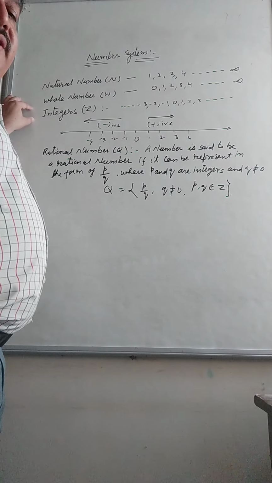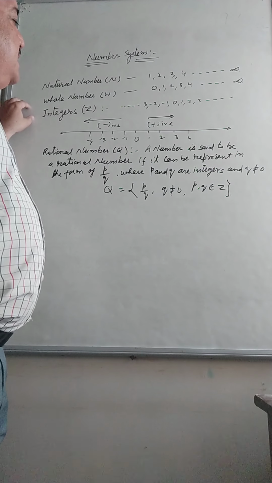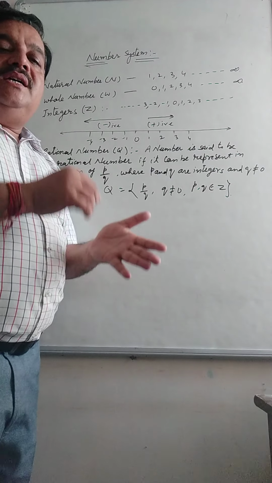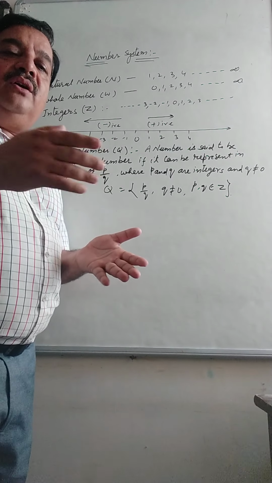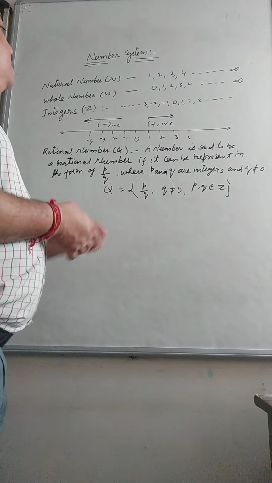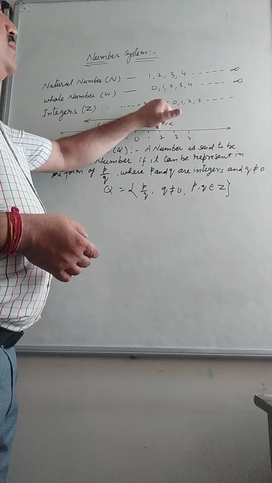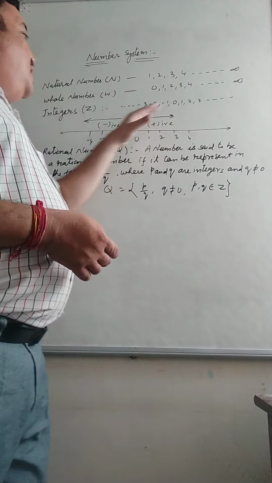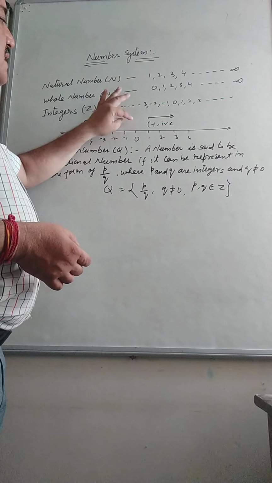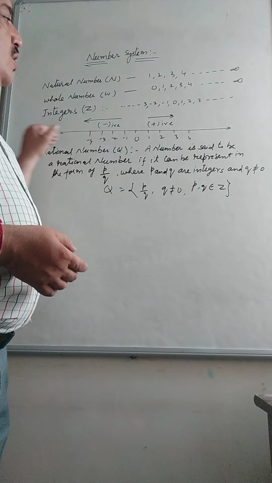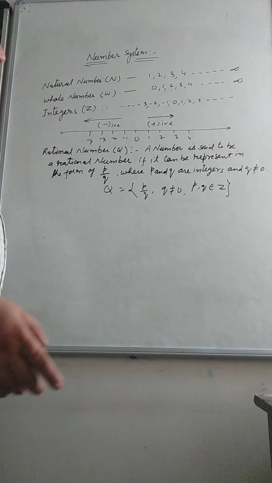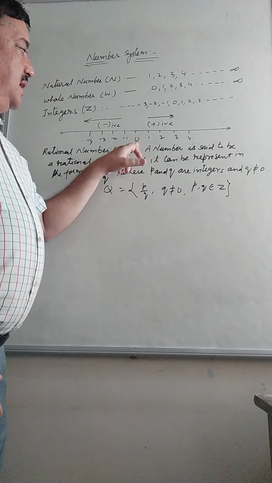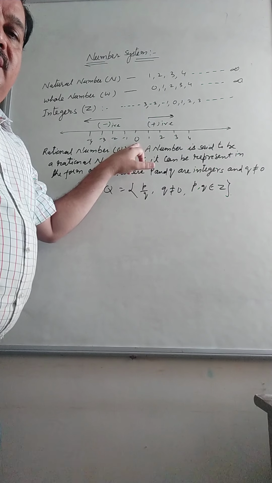Then come integers. These integers are also called directed numbers because they have a sign of negative or positive with them. So minus 3, minus 2, minus 1, 0, 1, 2, 3 up to infinity. Whenever we represent these integers on the number line, after drawing a line, in the middle of that line we take 0.